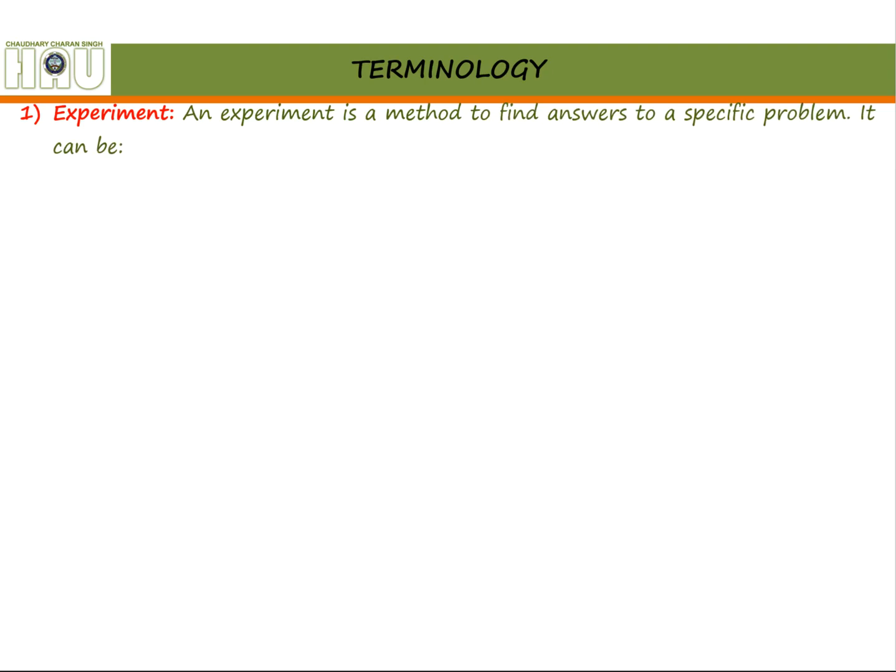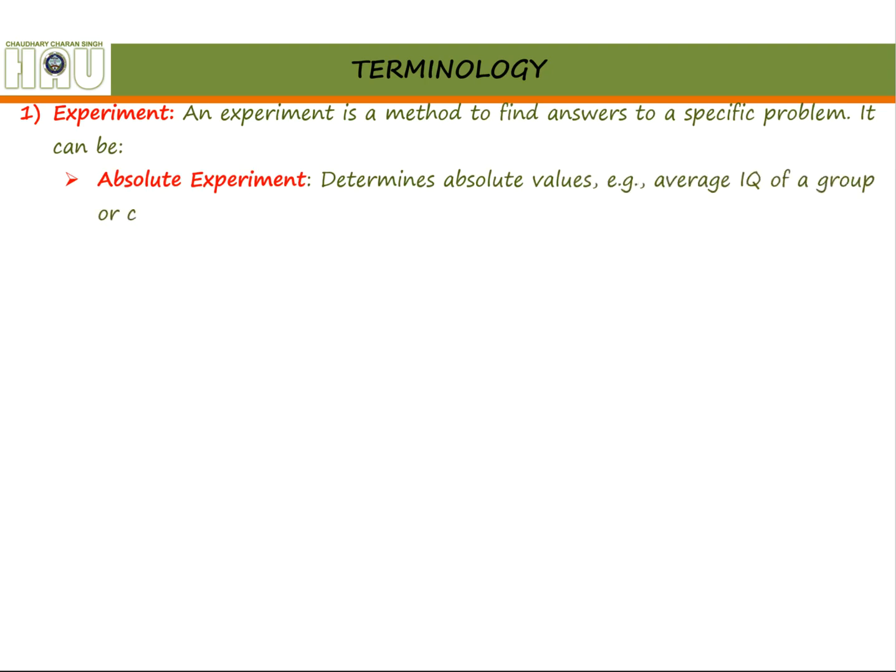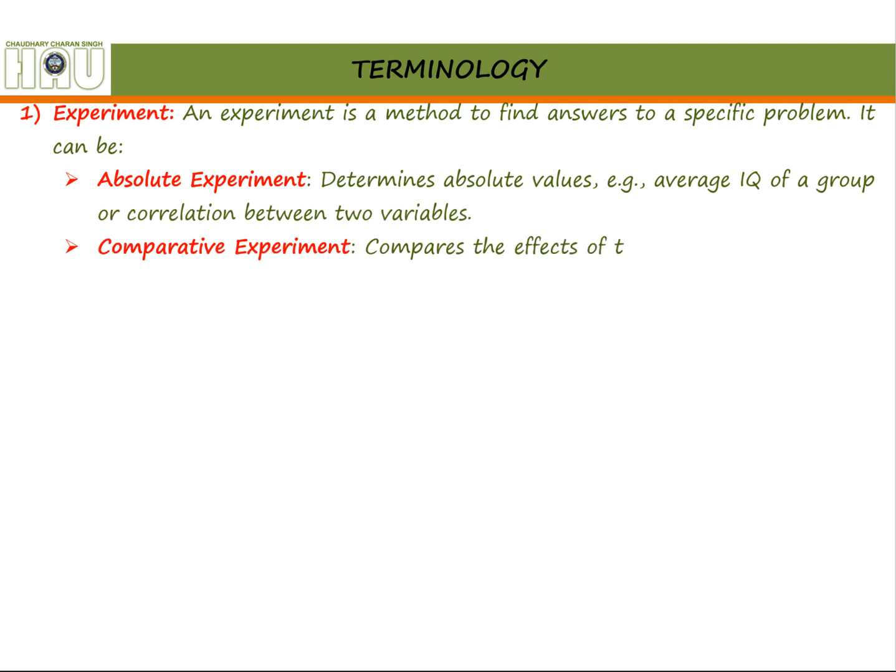An experiment can be absolute, which determines absolute values, for example, the average IQ of a group or correlation between two variables. Then a comparative experiment means you want to compare the effect of two or more factors, for example, different fertilizers, crop varieties, or medicines.